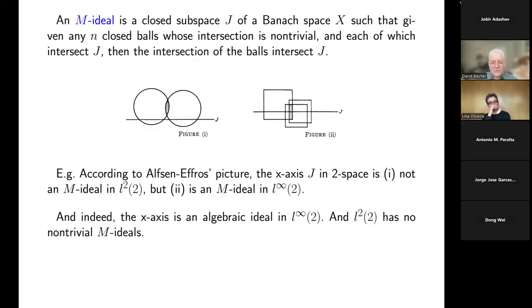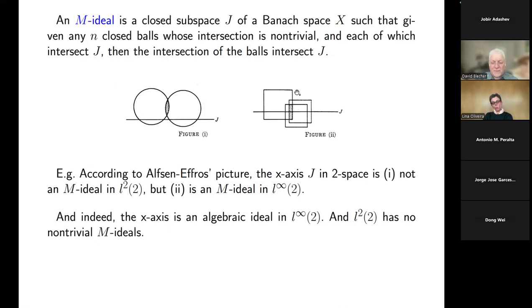In the first figure, we're looking at the x-axis, maybe in R2, say, and we have two balls, each of which intersects the other, and each of them intersects the x-axis, J, but the intersection of the balls does not intersect the x-axis. What that is saying is that the x-axis is not an M-ideal in the plane with the Euclidean 2-norm.